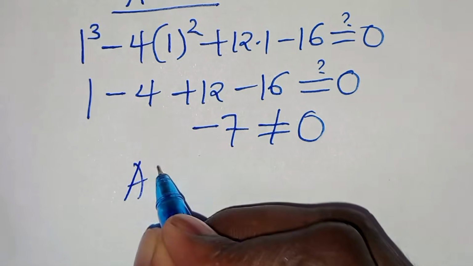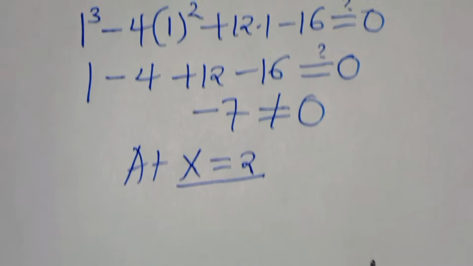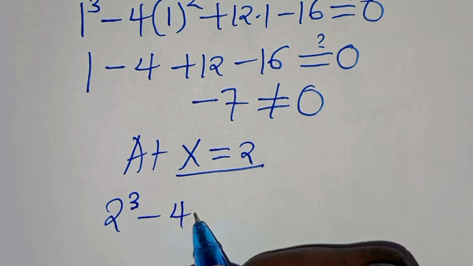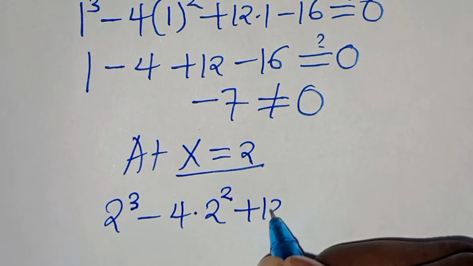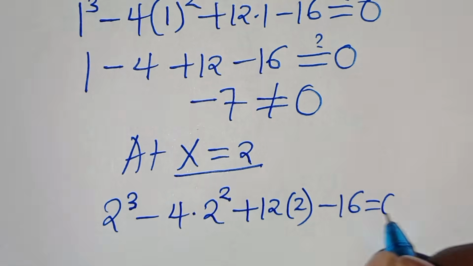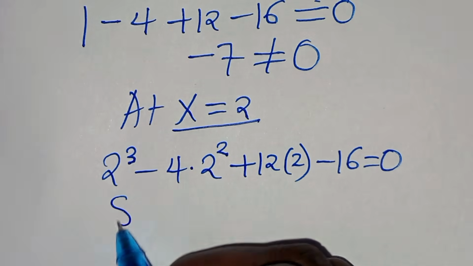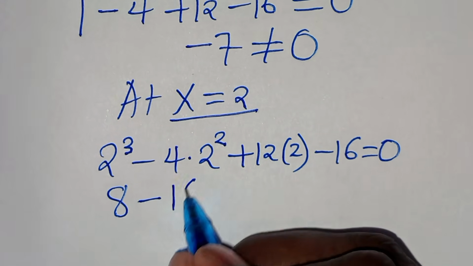Now, let's check x equal to 2. So we have 2 to the power of 3 minus 4 times 2 to the power of 2 plus 12 times 2 minus 16. 2 to the power of 3, this is 8, minus 2 squared, this is 4 times 4, this is 16.